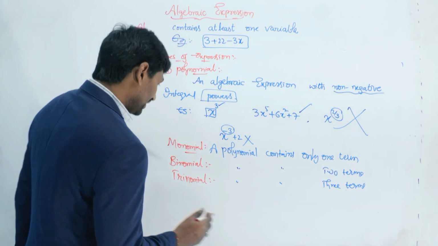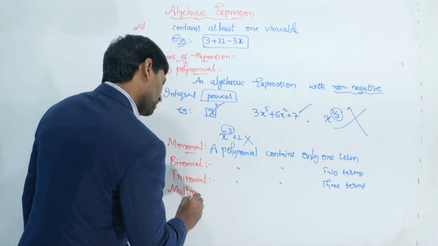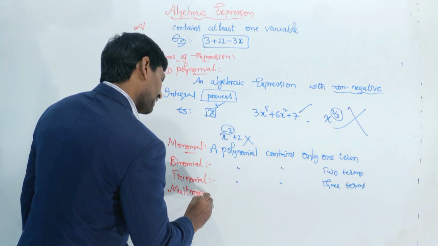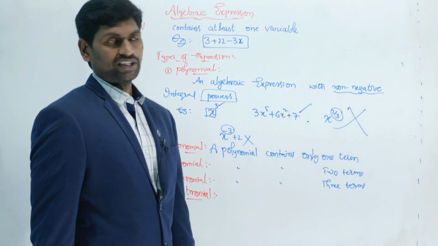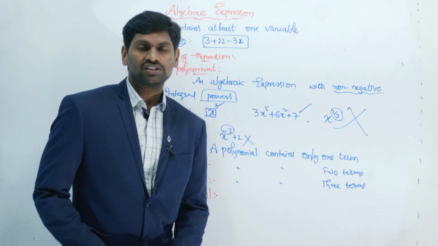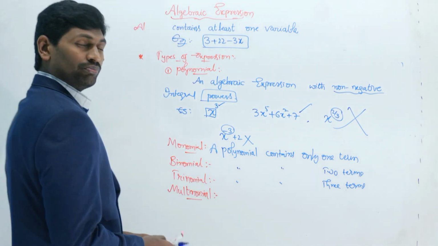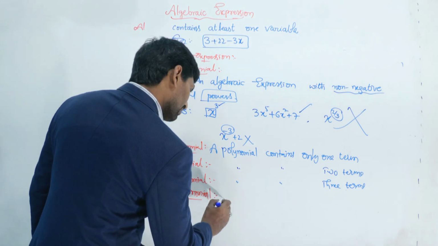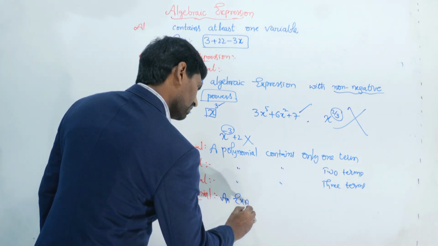Now coming to multinomial. Actually, a multinomial need not be a polynomial, not even an algebraic expression. So while writing the multinomial definition, we should write an expression, not a polynomial.